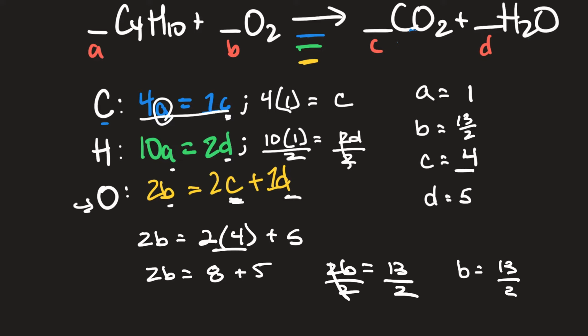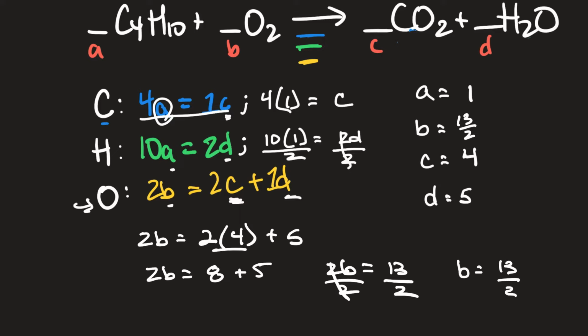Now, when you're looking at this, these variables are the coefficients. So A is 1, B is 13 over 2, C is 4, and D is 5. But the problem with that is we never find fractions or decimals as coefficients. So we need to figure out a way to change B, which is a fraction, to a non-fraction number.